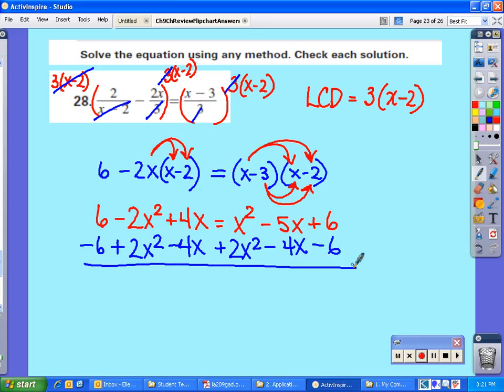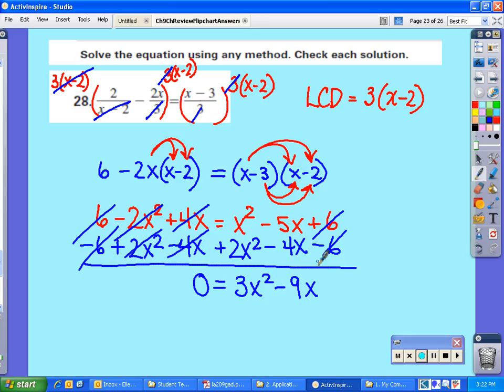We moved every term on the left over to the right. We're left with 0. 2x squared and x squared is 3x squared. Negative 5x and negative 4x is minus 9x, and the 6's actually add up to 0.